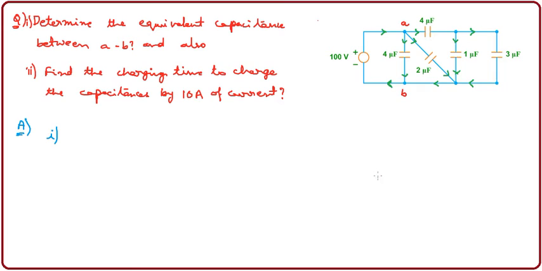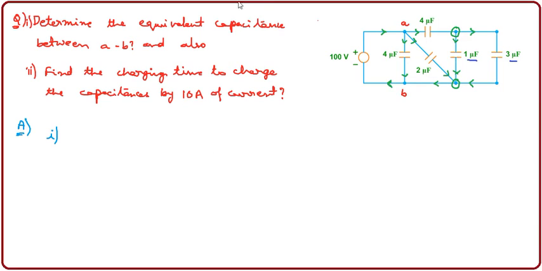Once we have the current direction, we can find out which two capacitors are in series or which two capacitors are in parallel. The current is dividing at this point and again adding at this point. So I can say that the 1 microfarad, this and this, these two are in parallel.